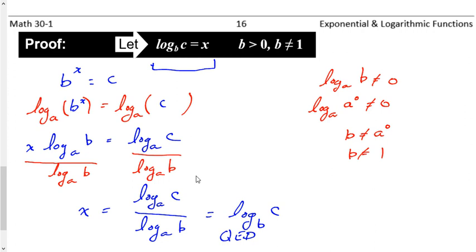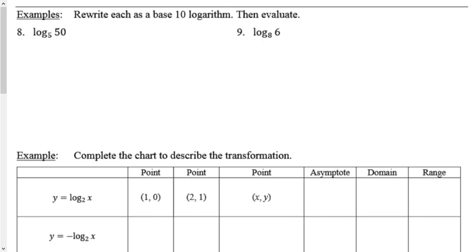Let's look on to the next page. Here we have a couple of examples, and just for practice, we want to evaluate these, writing them as base 10 first, then evaluating. So using that law of logarithms, this log base 5 of 50, I can rewrite as, what helps me remember is the number that's lower down is going to be in the denominator, and the number that's higher up will be in the numerator.